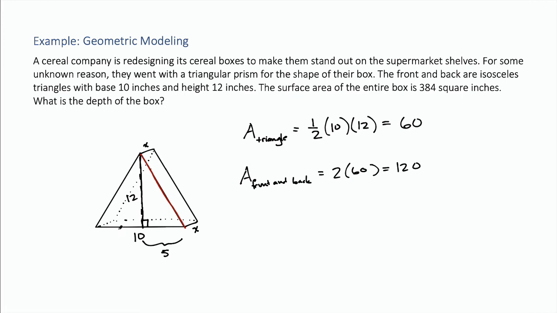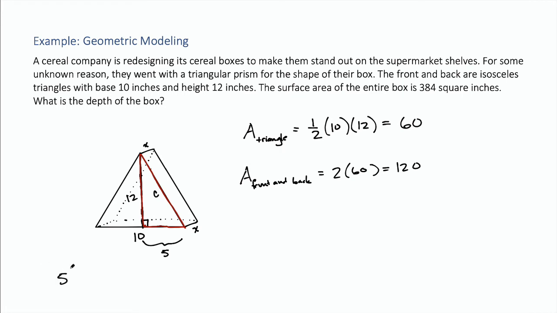I'm talking about this triangle that I've outlined in red. I'm trying to find this length right here, and I'm going to call that c. The reason I'm calling it c is because I've got a right triangle where a and b are the legs and c is the hypotenuse.